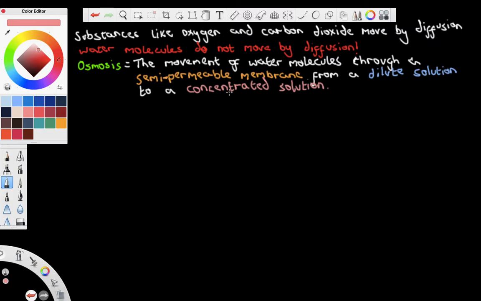So our next key term is this one here in orange, the bit I want to focus on. Semi-permeable membrane.